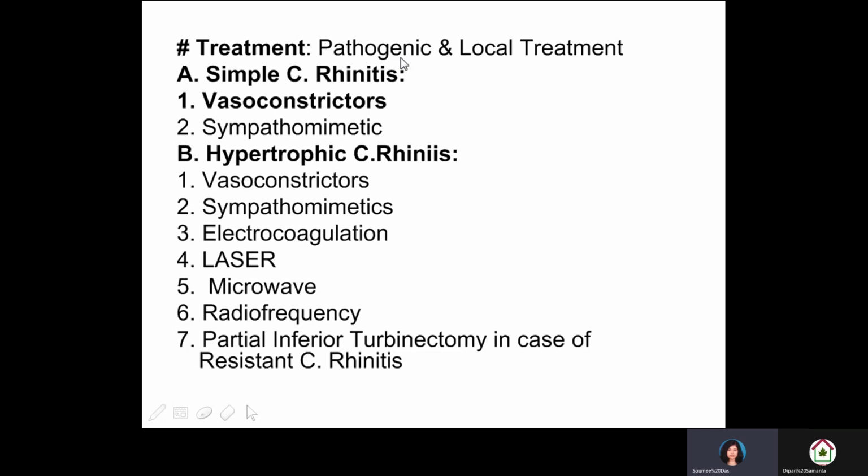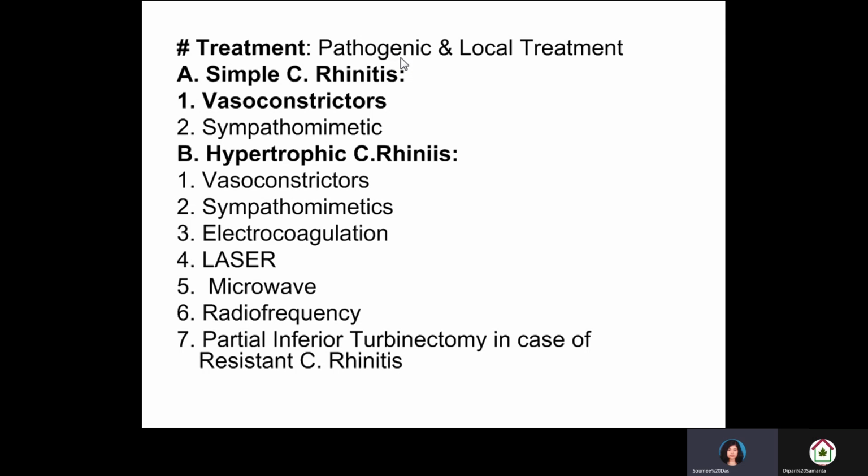The mainstay of treatment is based on the pathogenic organism. Okay, and local treatment might be used. So in case of simple rhinitis or simple chronic rhinitis, we use vasoconstrictor and sympathomimetic drugs. And in case of hypertrophic chronic rhinitis, we use vasoconstrictor and sympathomimetics.